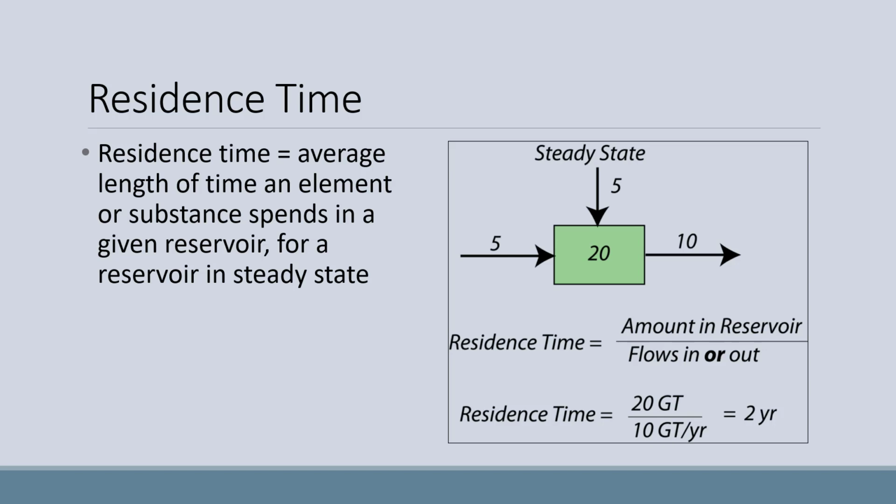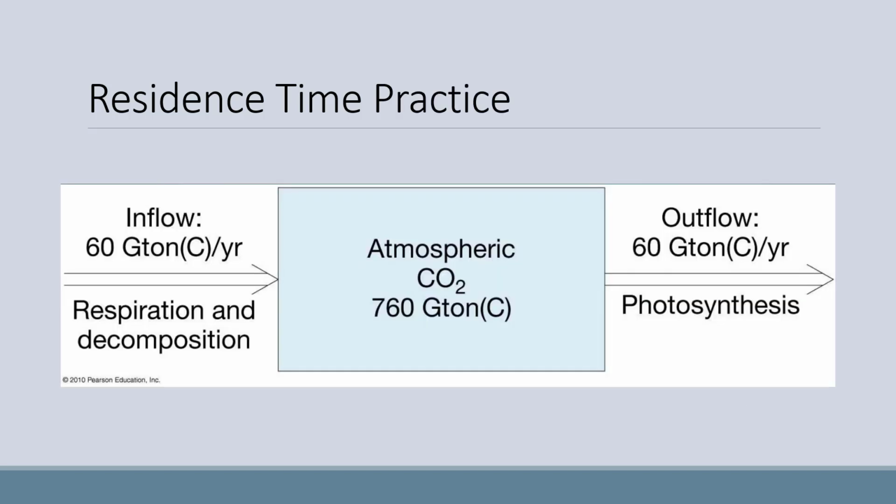For the box diagram on the right, the residence time is 2 years because you divide 20 gigatons by 10 gigatons per year. For practice, try and calculate the residence time for atmospheric carbon dioxide. Pause the video and try to calculate it. The answer is 12.7 years. To get this answer, you divide 760 gigatons of carbon by 60 gigatons of carbon per year.